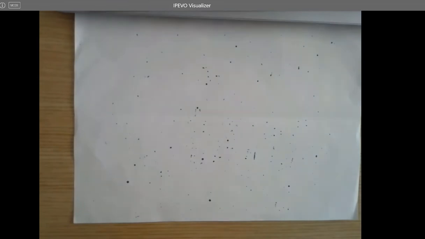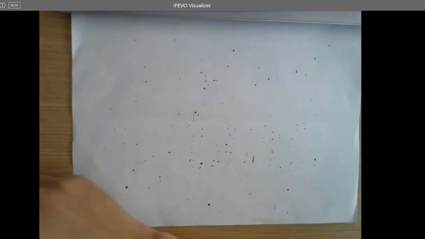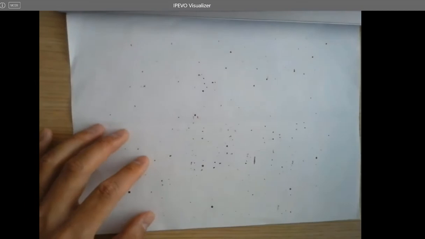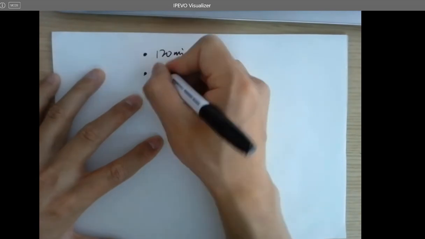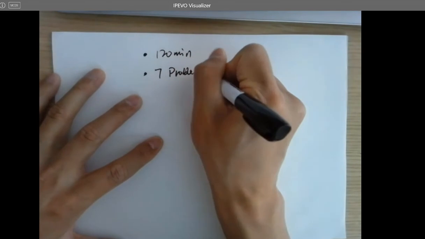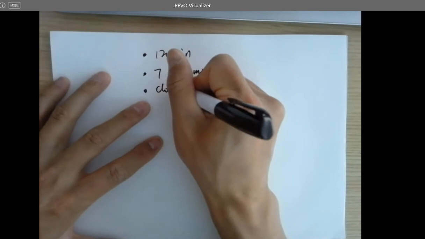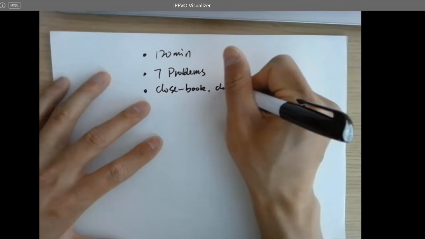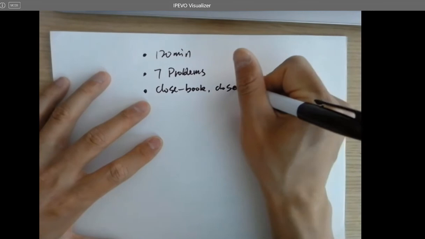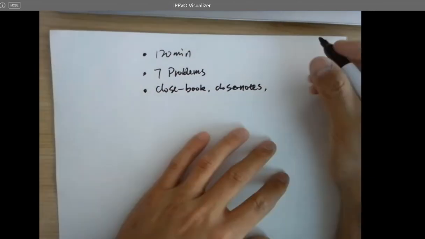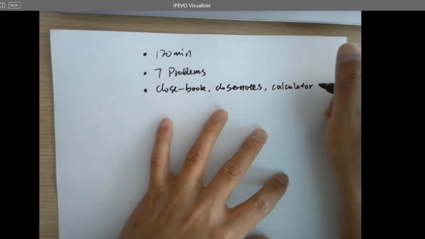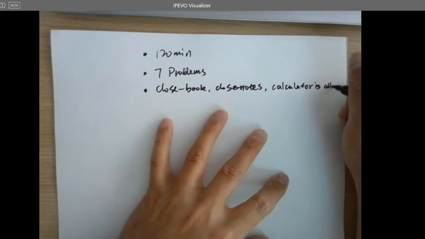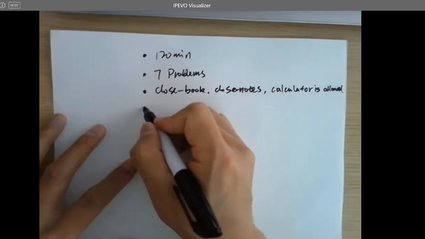The final exam. I have 7 problems in there. It's 120 minutes. Seven problems. Calculator is allowed. It's allowed to use during the final exam.